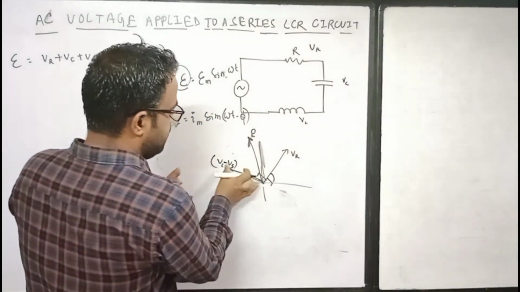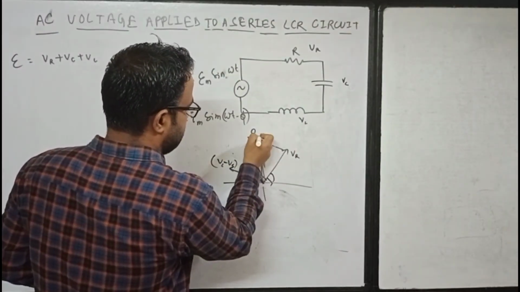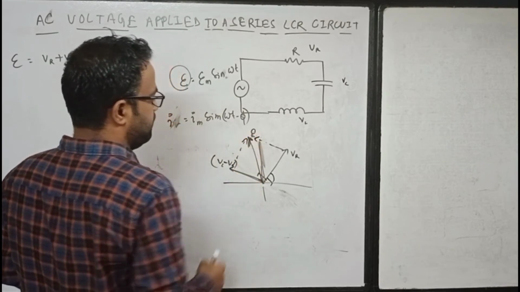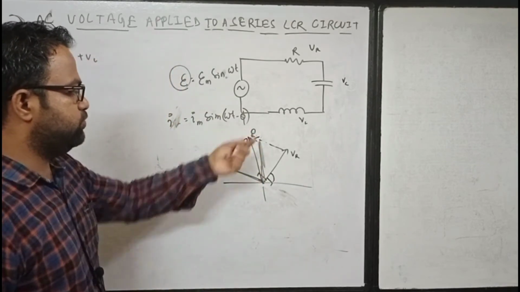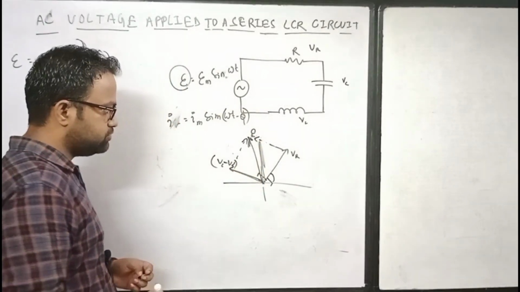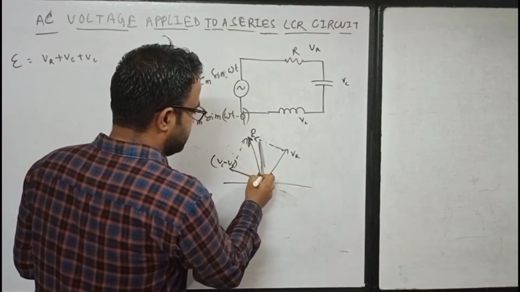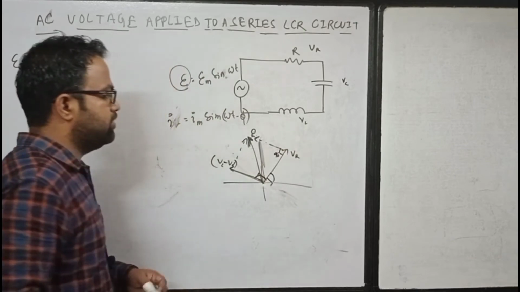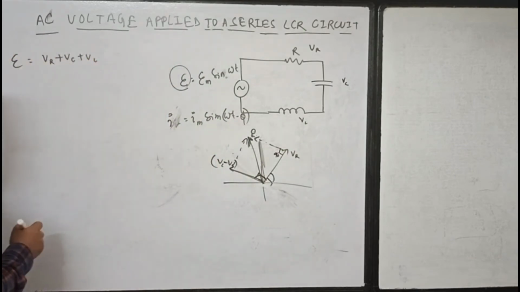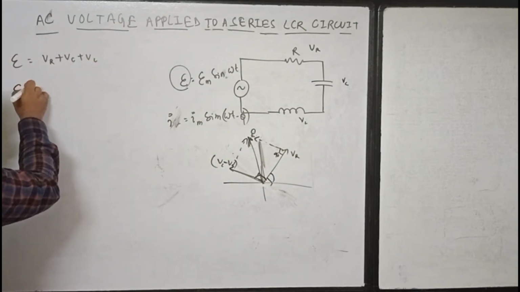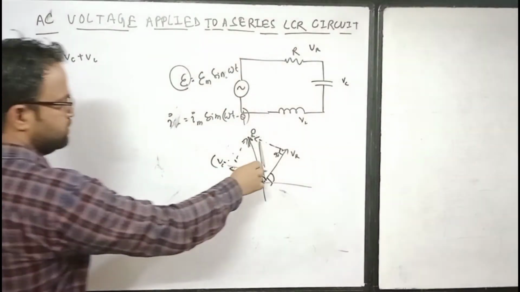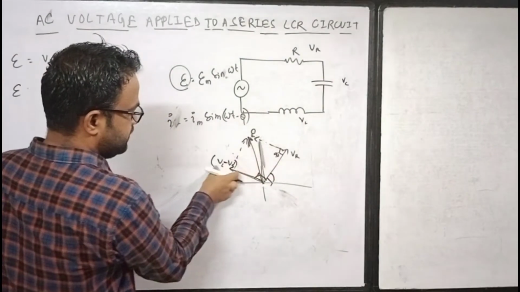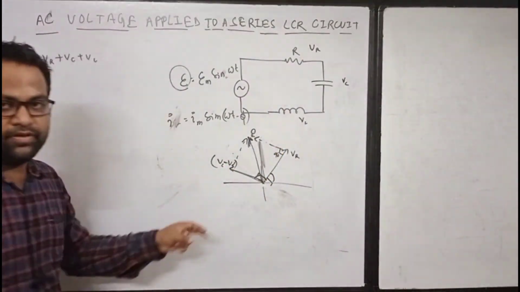Or you can shift this one here and form a parallelogram so that E will be the resultant. And of course, as it is leading by 90 degrees, this angle should also be 90 degrees. Now, E is the resultant of VR and the vector VL minus VC, right?